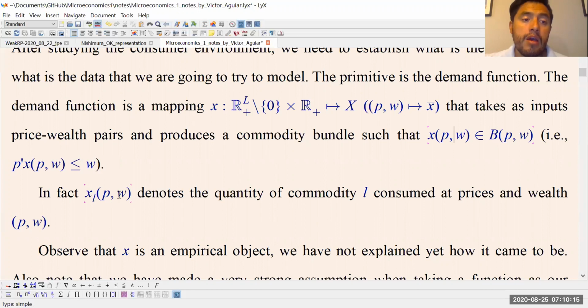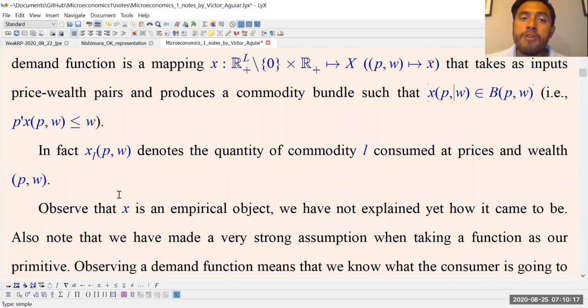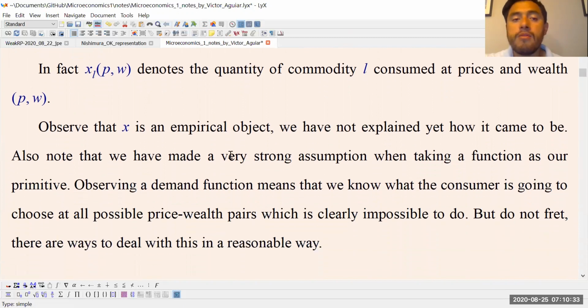The demand function, as you know, is actually a multi-valued map because the value is a vector. So when I write down x sub L of P, W, this denotes the quantity of commodity L consumed at prices P and wealth W. Observe that x, for now, is going to be assumed to be an empirical object.